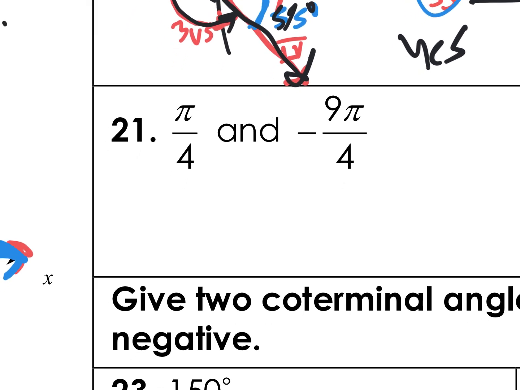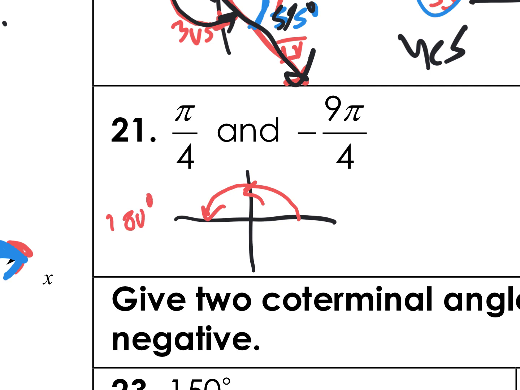Let's do a pi over 4 radians. And I'm going to show you my trick. Here's my trick. If I go all the way to the first line, that's 90 degrees. Let me keep going. That's 180 degrees.